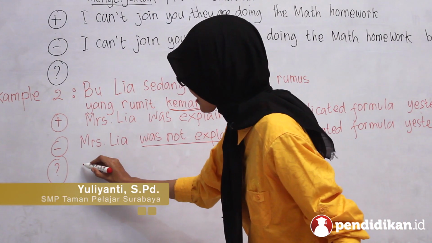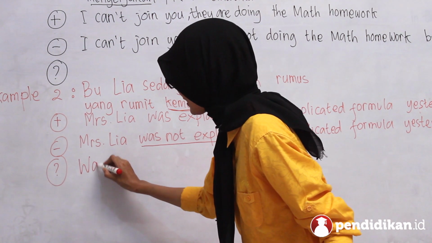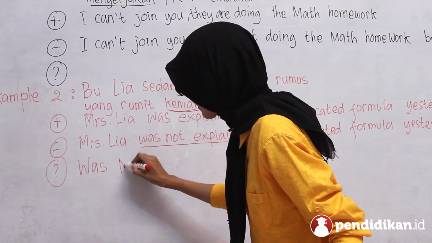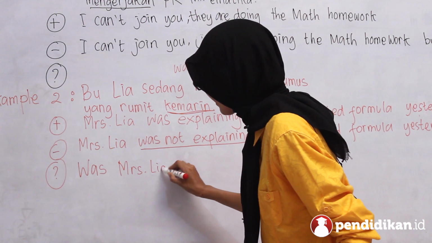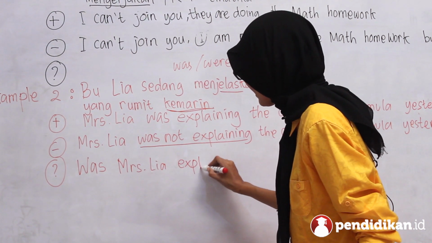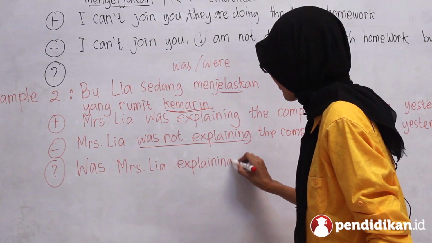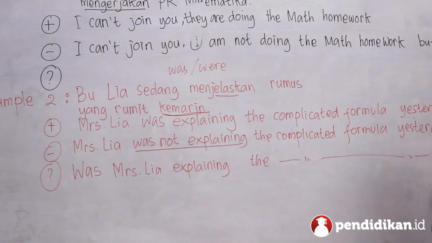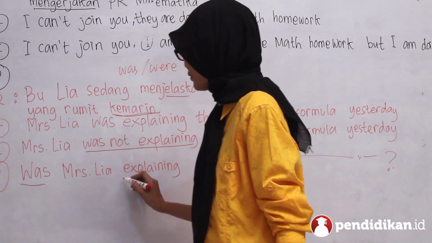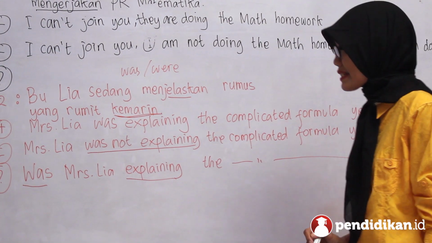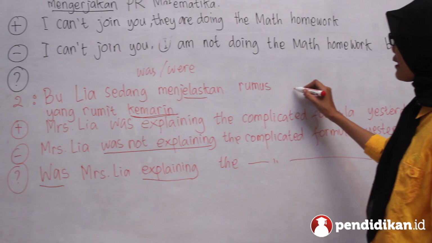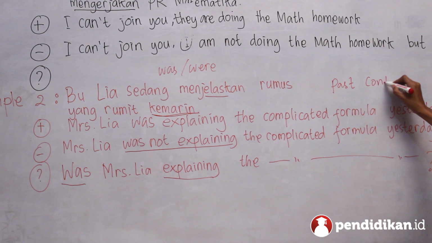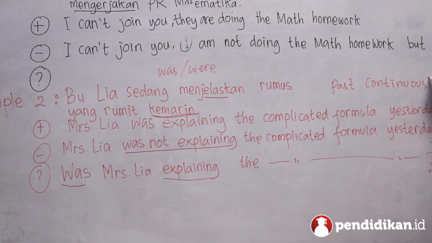And for interrogative sentence, we put was in front of the subject. Was Mrs. Lia explaining the complicated formula yesterday? Okay. The tense for the example number 2 is past continuous tense.